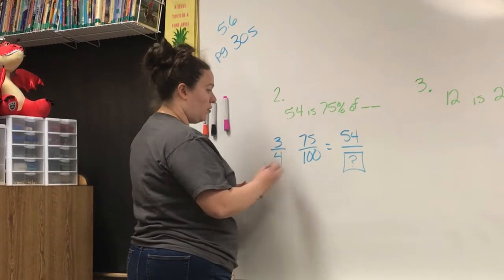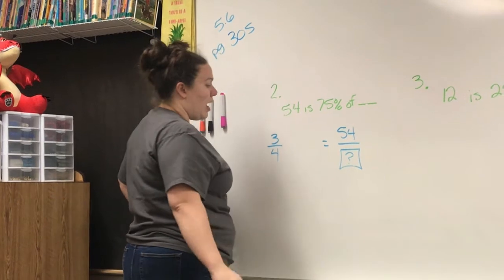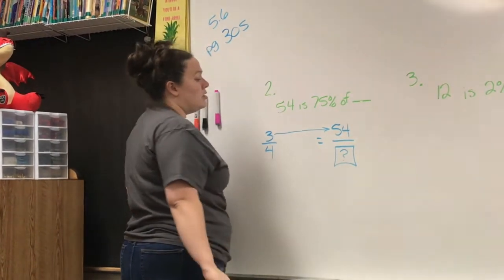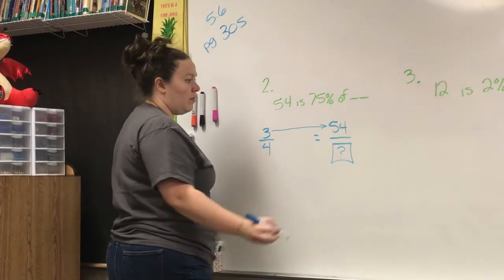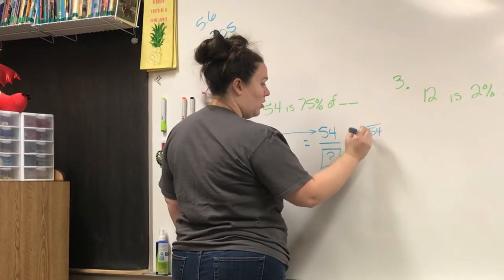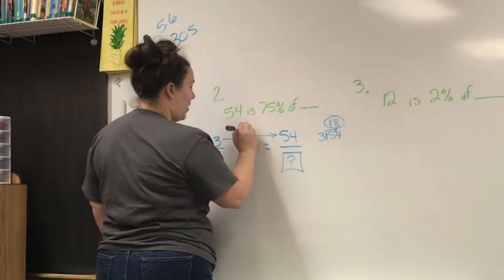So I'm going to erase this, because it's kind of in our way. And then I'm going to say, how did I get from 3 to 54? If you don't know it off the top of your head, divide it out. I have to multiply by 18.